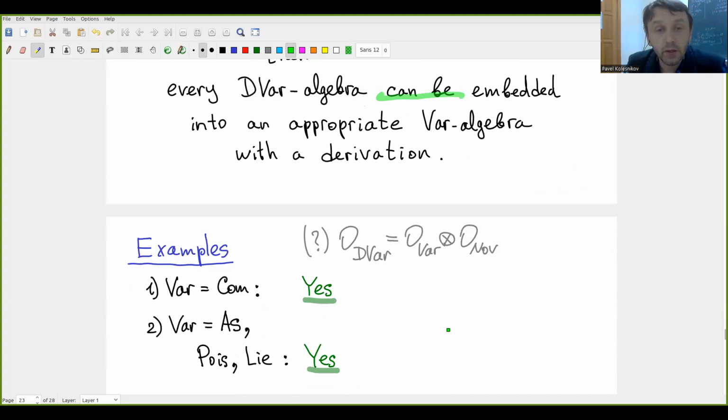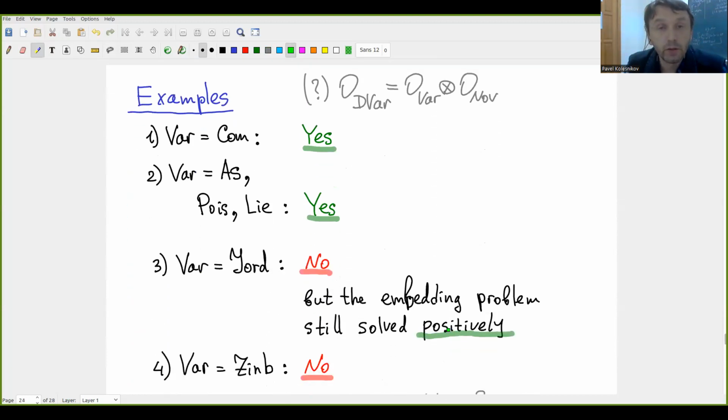Let us consider some examples when this condition holds. For commutative algebras, it holds because the operad of commutative algebras acts as an identity with respect to both the Hadamard product and the Manin white product. So for commutative algebras, apparently, the embedding problem is positive.